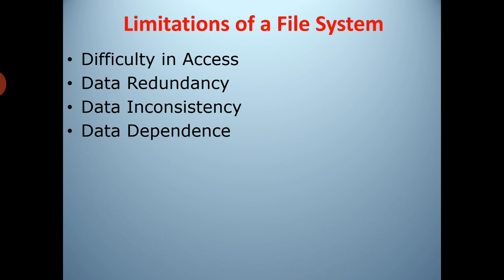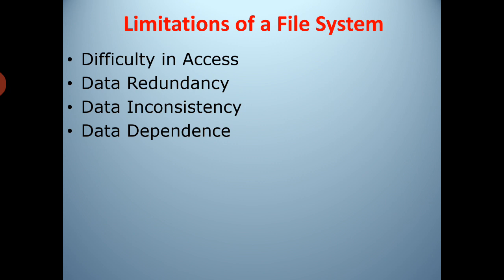Data dependence. Data are stored in a specific format or structure in a file. If the structure or format itself is changed, all the existing application programs accessing that file also need to be changed. Otherwise, the programs may not work correctly.